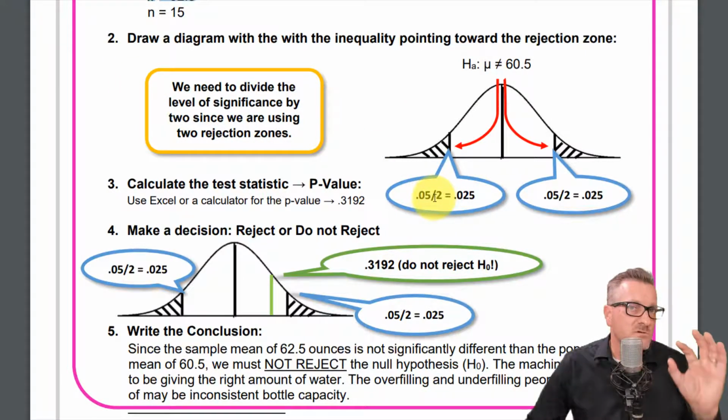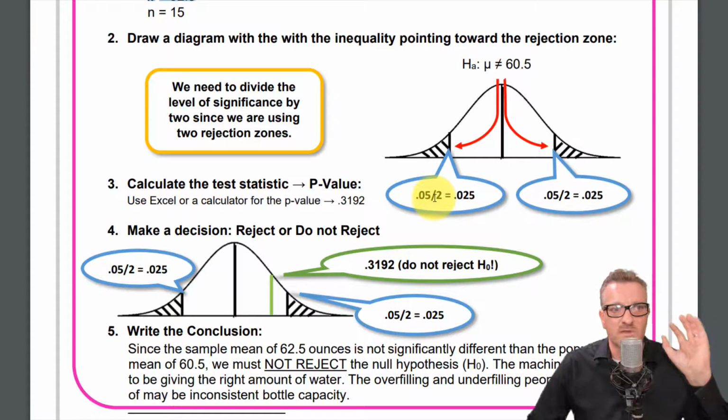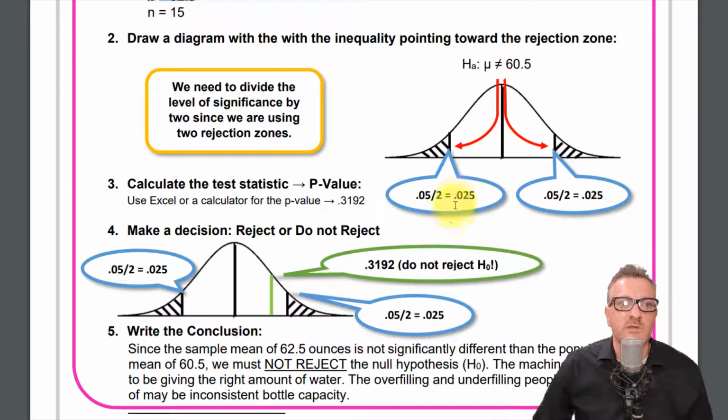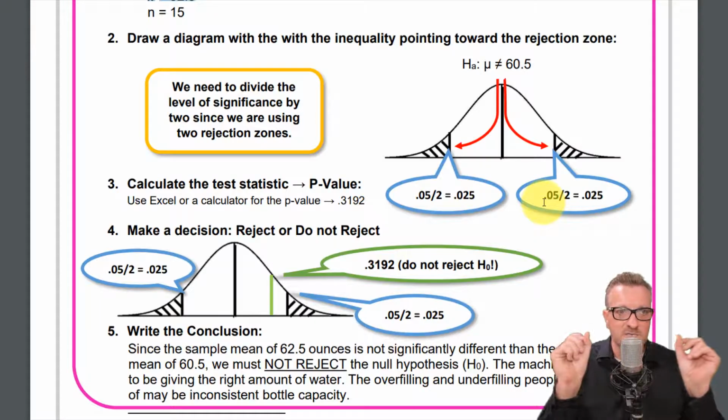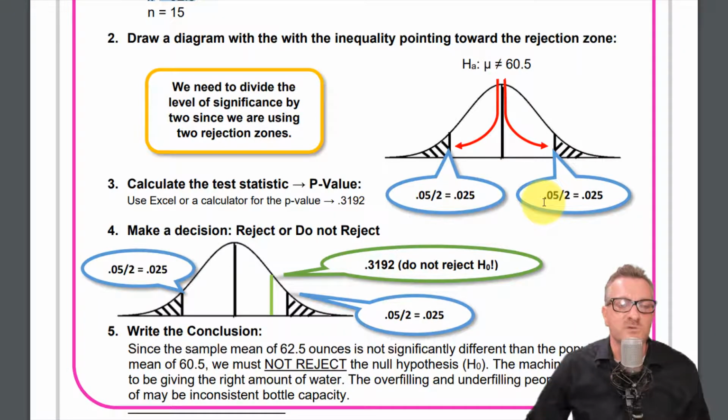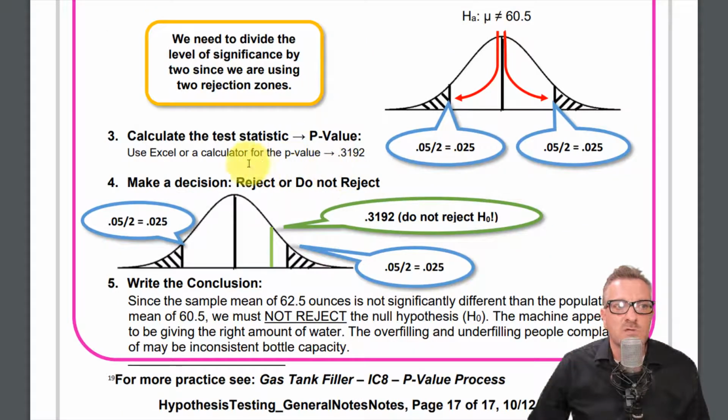What we would do is take the 0.05 and split it by 2. And so we'd have 0.025 on each side. And so these are our edges that we now, when we do the calculated p-score, it has to be lower than 0.025. So, like I said before, we would have to use Excel or the calculator to do this because we're not doing calculus to get this answer.